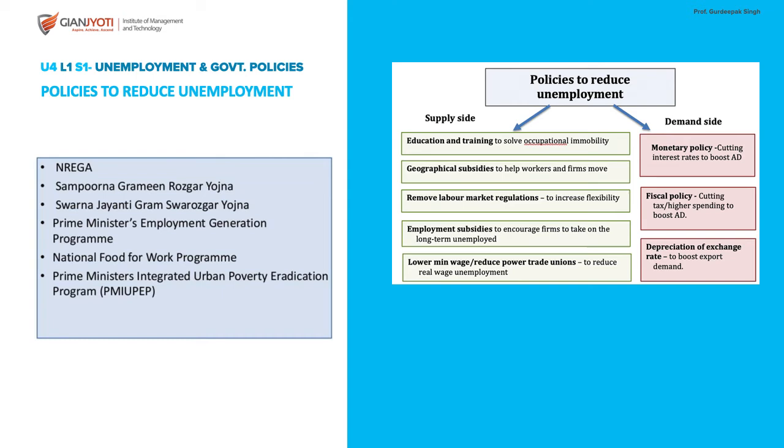Now when we talk about the policies, generally all the policies which are framed have two sides. One is the supply side, one is the demand side. In order to reduce unemployment on the supply side, what you need to do is ensure that there is no migration and people have the skills which are required in those particular areas.